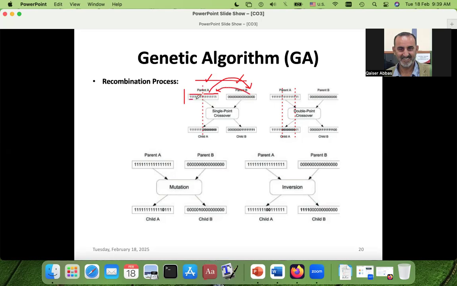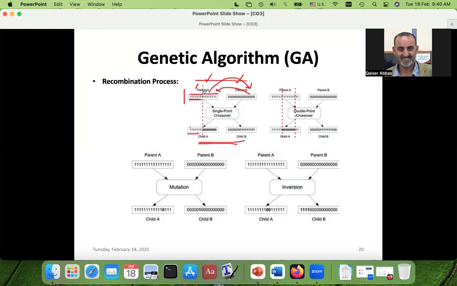So the portion which is before the cut stays, and then two children will be produced after this single point crossover. If you look at the string of parent A after the crossover, whatever the portion before this cut is the same.